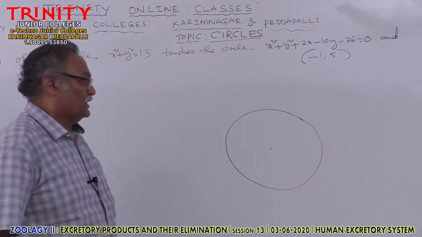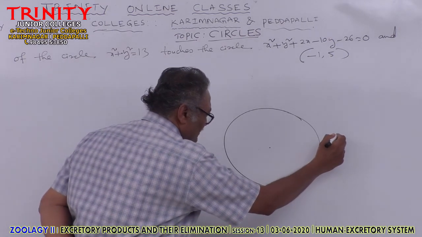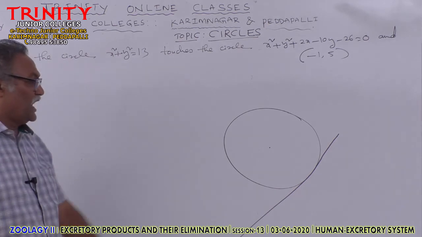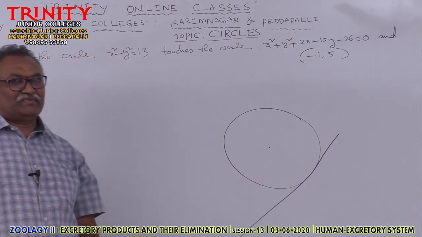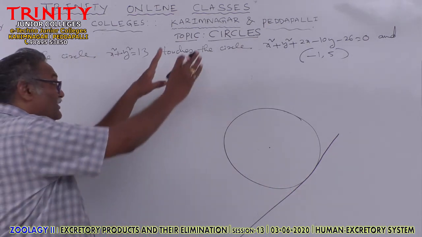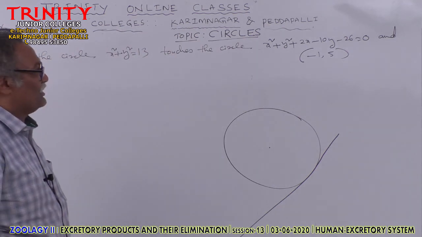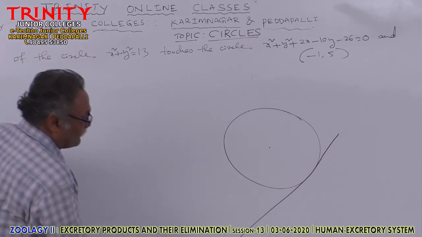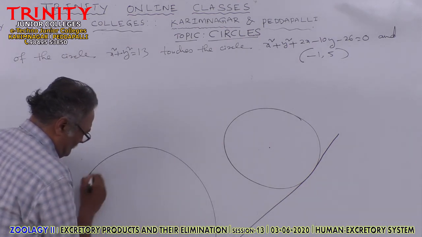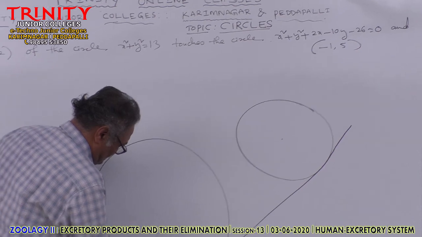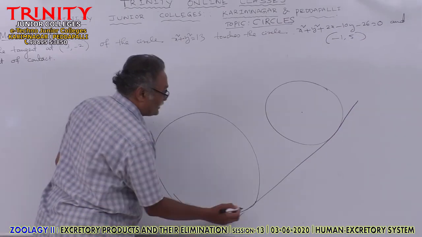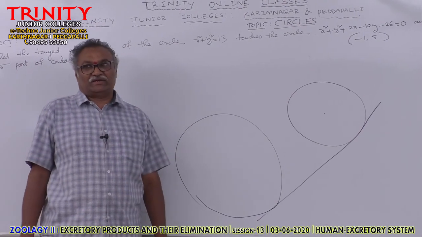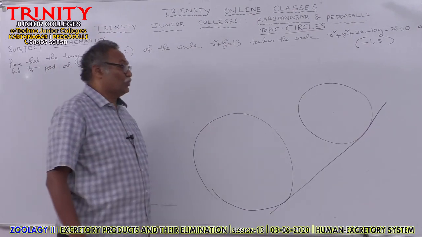Now, here the tangent at this point touches another circle x square plus y square plus 2x minus 10y minus 26 is equal to 0. It is the point of contact. Okay, how to do this?